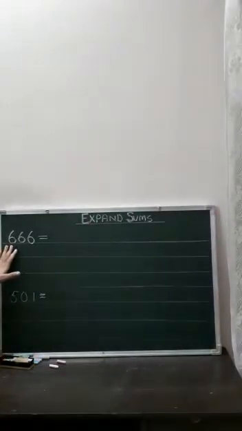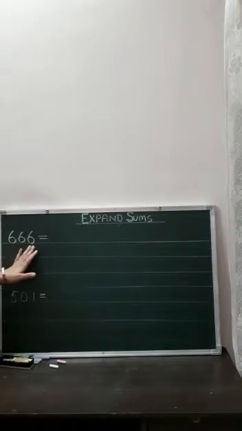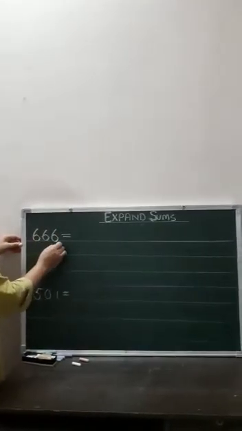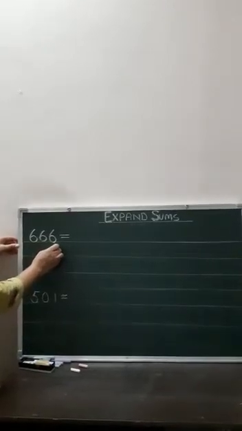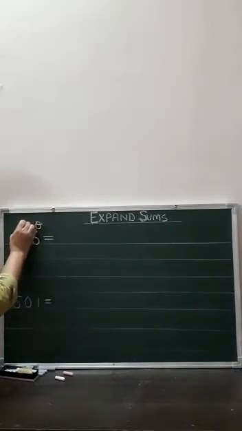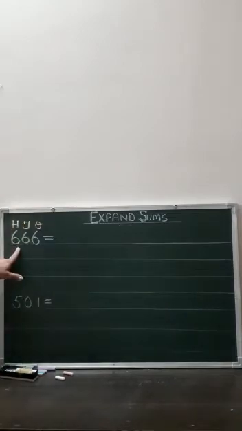Let's do the first sum. 666. This is the standard form of the number. Before starting a sum, we have to write the places according to its place in the number.